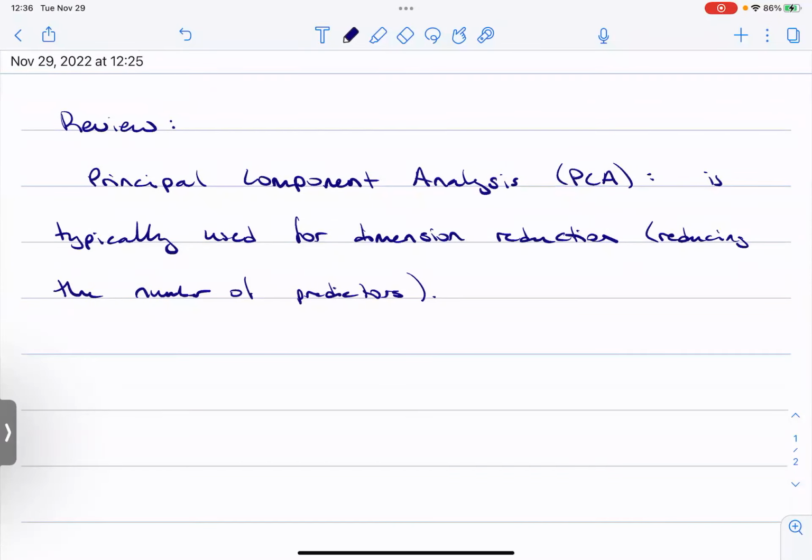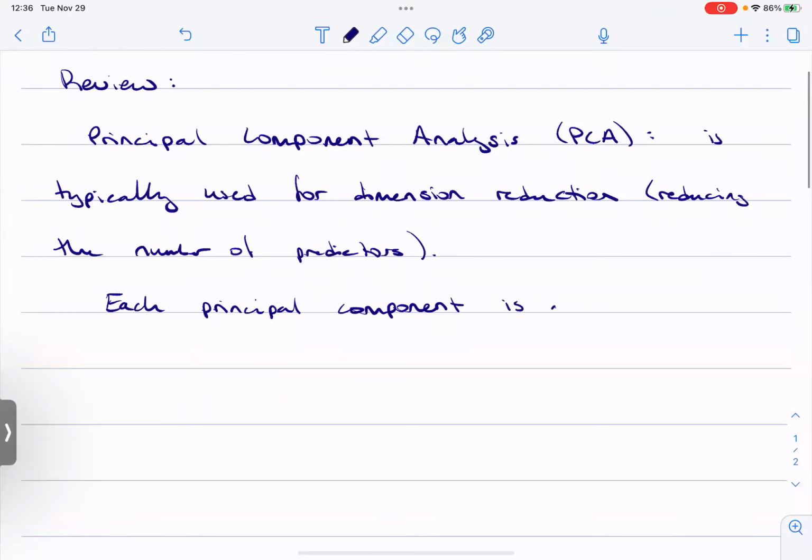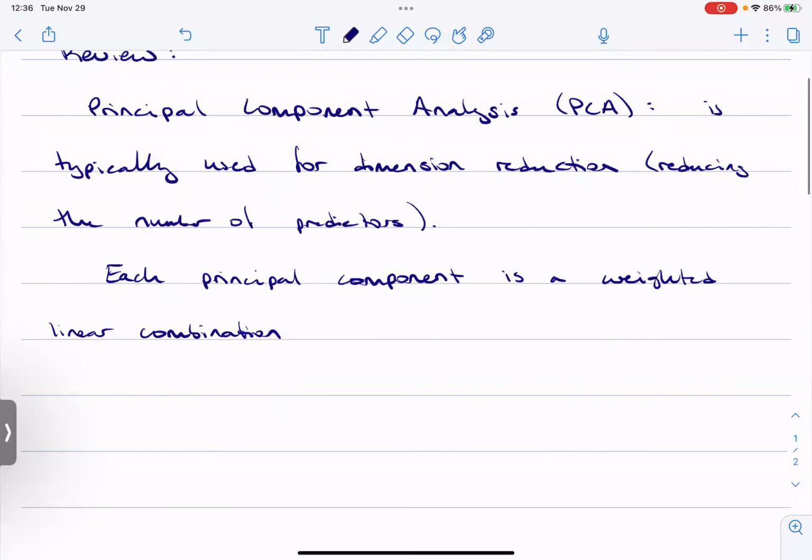Each principal component is a weighted linear combination of all the original predictors.